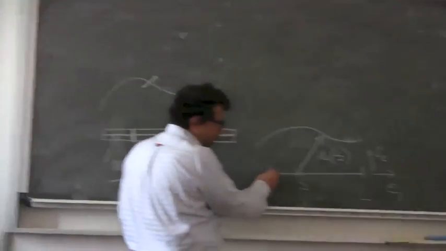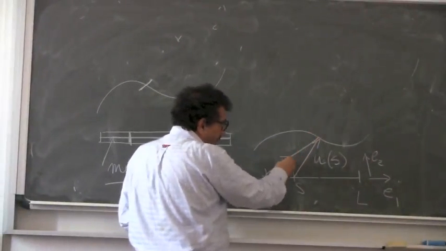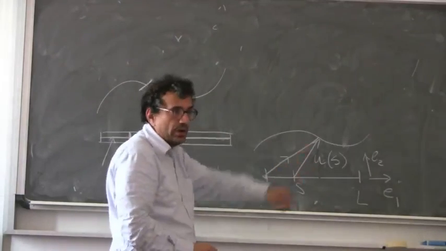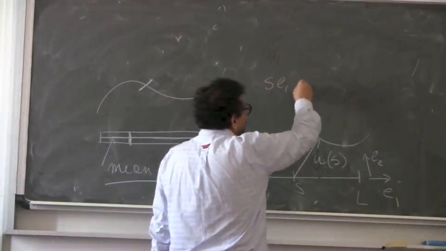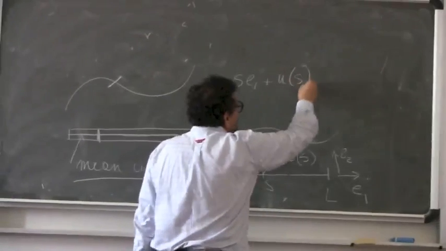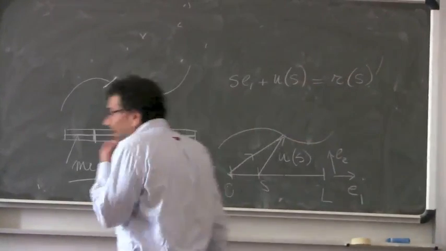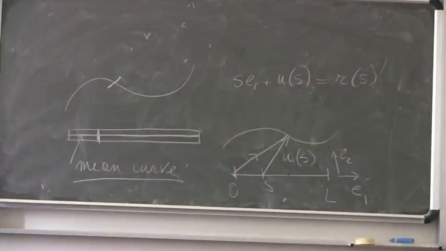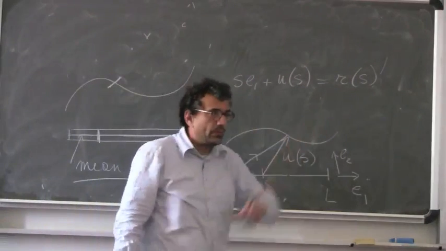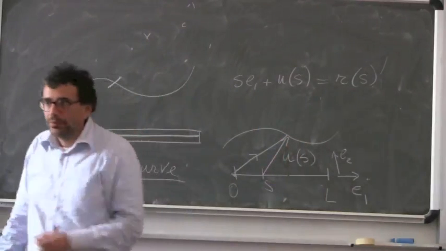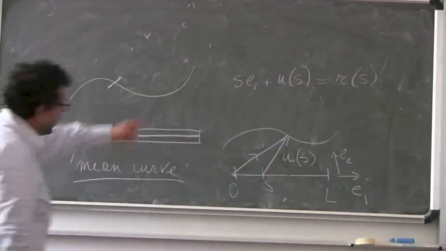If the origin is here, then the position of the centroid is given by S E1 plus U of S. This is equal R of S. So the parametric representation of the actual shape of the mean curve is given by this equation.